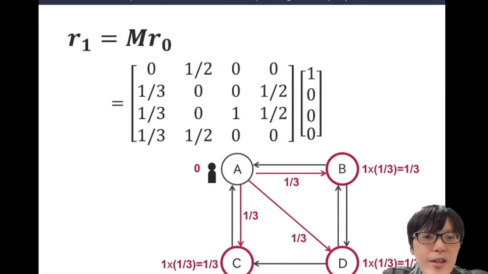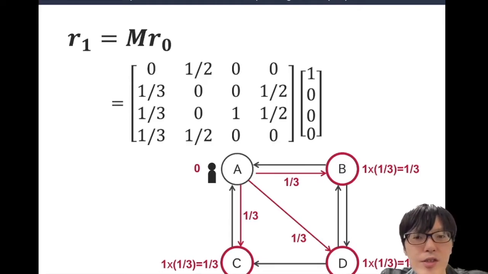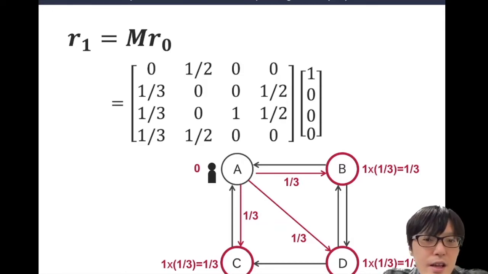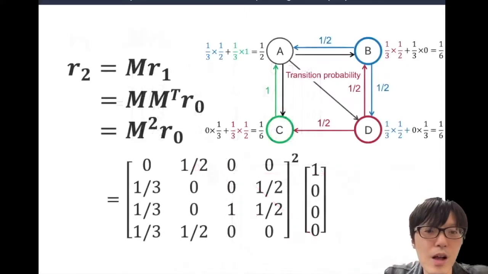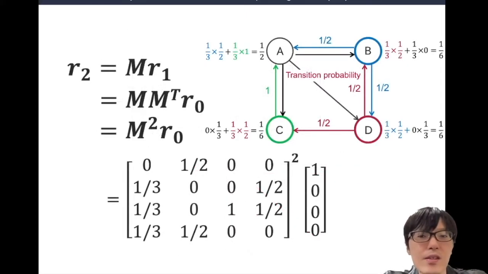Then we calculate the probabilities to stay on each node after the first transition by multiplying the transition matrix M with the initial state probability R0, like this. Okay? How can we calculate the probabilities to stay on each node after the second transition? That's very easy if we do matrix calculations.